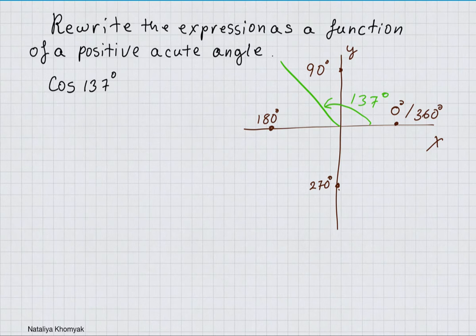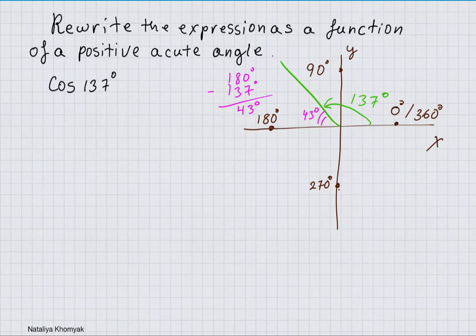The reference angle is always with the x-axis, so we are looking for this piece. If this much is 137 degrees and a straight line is 180 degrees, from 137 degrees how much more do we need to get to 180 degrees? The calculation is simple. We do 180 degrees minus 137 degrees, and we get 43 degrees for our reference angle.